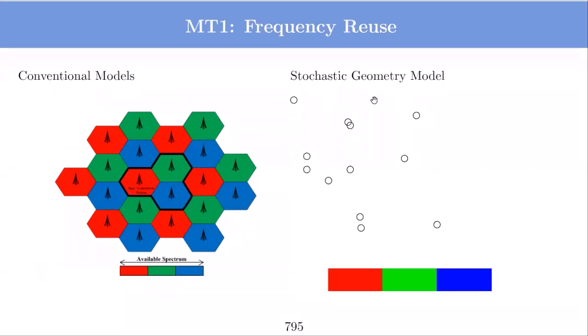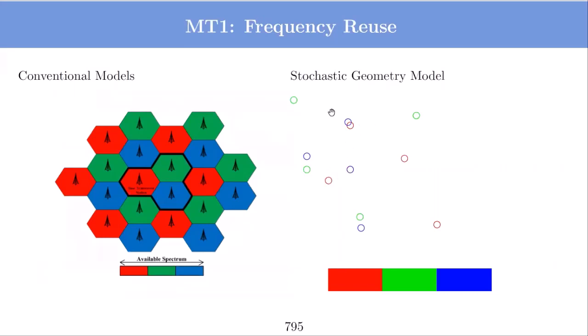In a stochastic geometry model, which is a random model, you don't have these nice patterns. So instead, what we can do is randomly assign different spectrums to these base stations. You can model this scenario by randomly assigning different frequency bands to these points, which you can do by using marks.